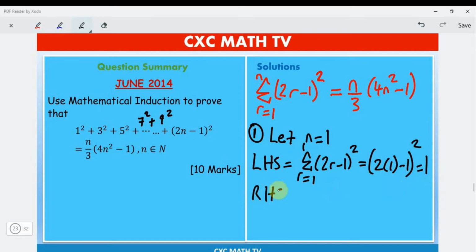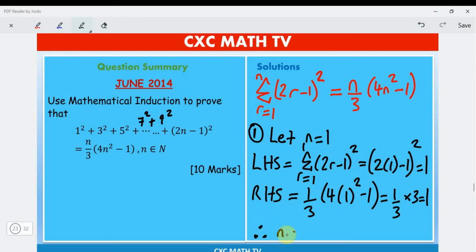Now the right hand side, plugging in n as 1, is 1 over 3 in bracket 4 times 1 squared minus 1. This simplifies to 4 minus 1 is 3. That is 1 over 3 times 3, which is just 1. So what do we realize? Both of them are equal. So therefore n equal 1 is true.